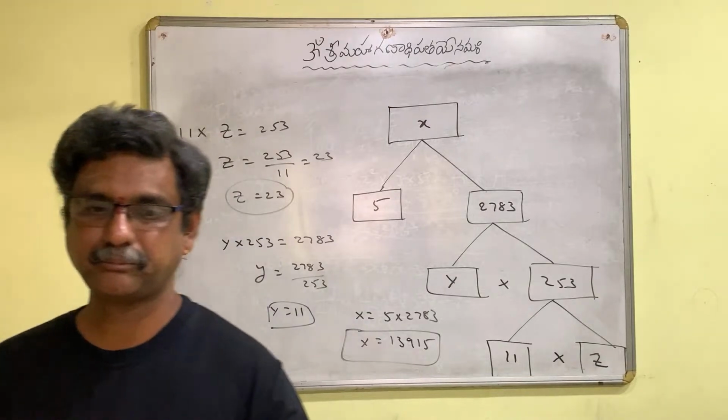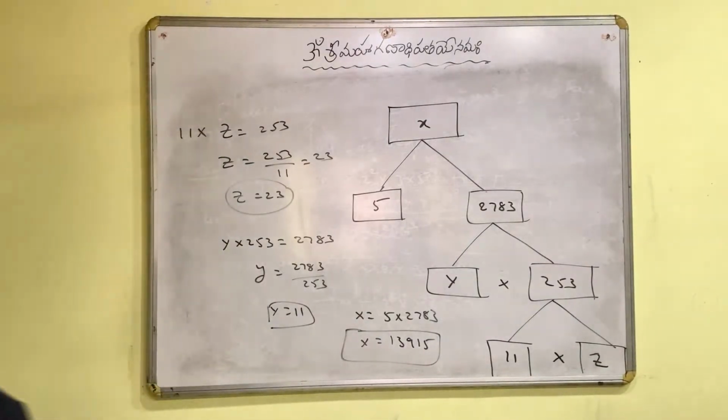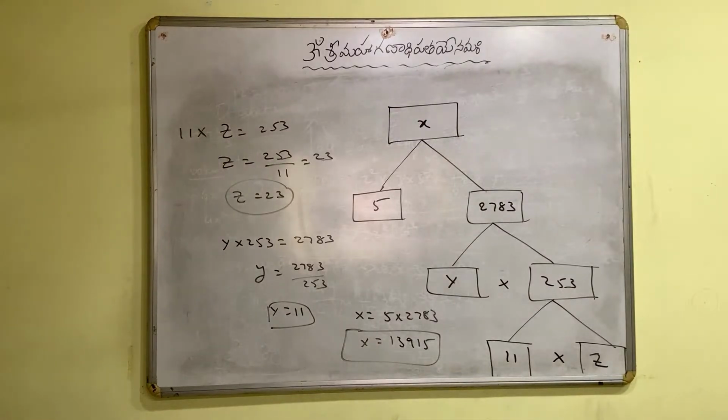Okay? Now, read the question, children. You need to give the answers for the questions over there. What is the X value? 13915. What will be the Y value? 11. What will be the Z value? 23. So all the three questions are done.